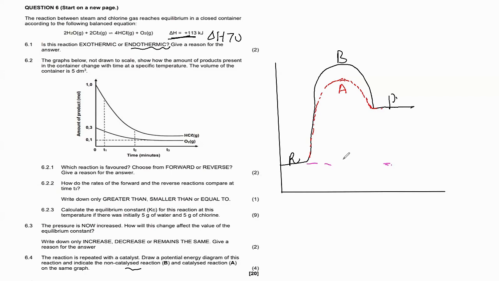So if you compare the energy, firstly of the one that was uncatalyzed, and then compare it with the one of A now that is catalyzed, we can see that this is our activation energy, uncatalyzed, and then this is the activation energy at A, catalyzed. So now we can see that our activation energy is lower. And then that's how we were supposed to indicate that, right?